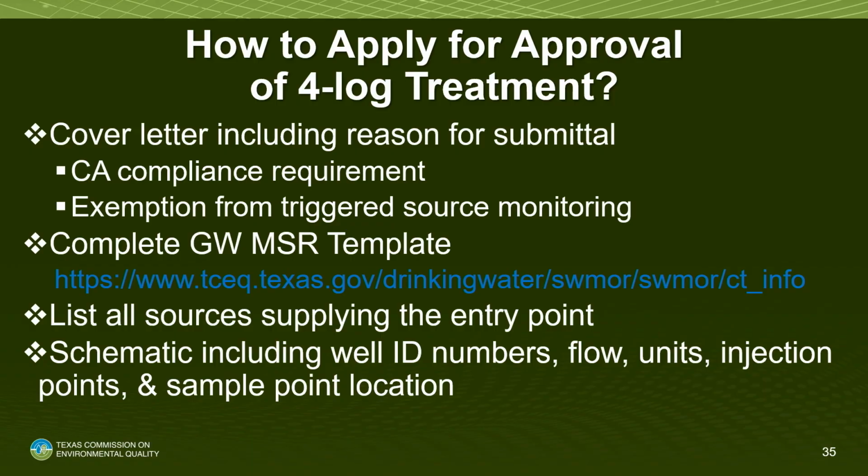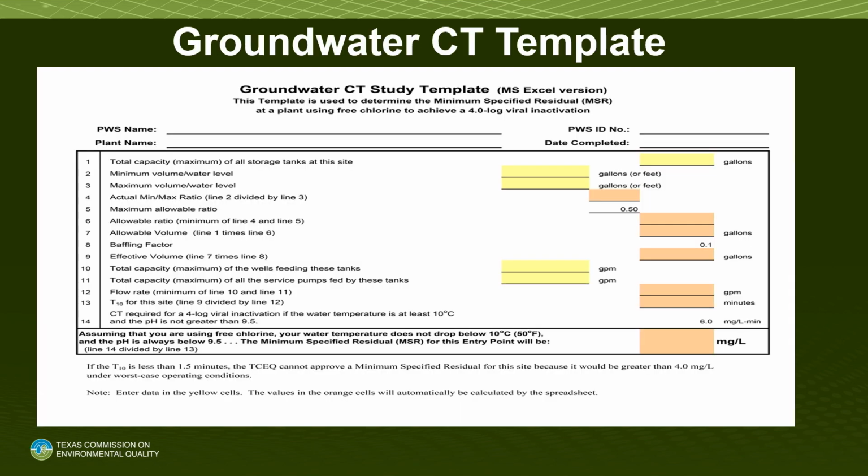So how do you apply for 4-log treatment? Basically, you're going to have a cover letter. We've got a groundwater minimum specified residual template, which is just a single page and fairly straightforward, and then a diagram or schematic of your plant and system. This is the groundwater rule template here.